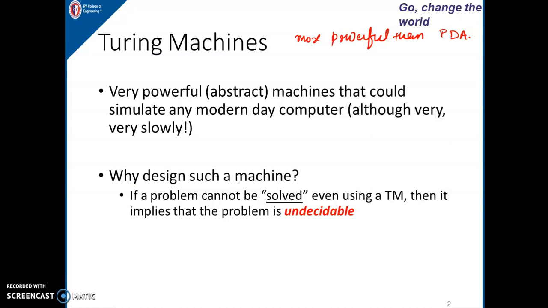Turing machine uses the tape to store the symbol. So tape is used to store the symbol, and the Turing machine is a generalized machine which can recognize all types of languages.